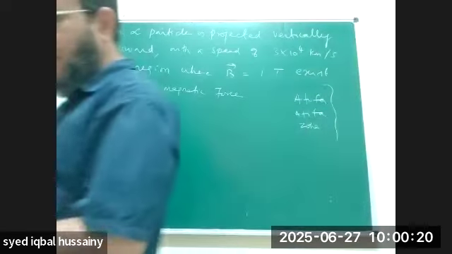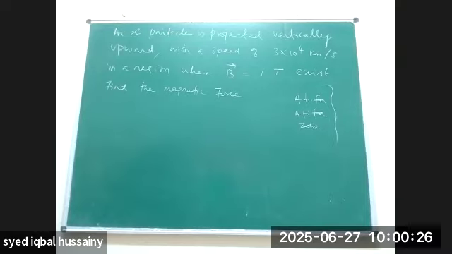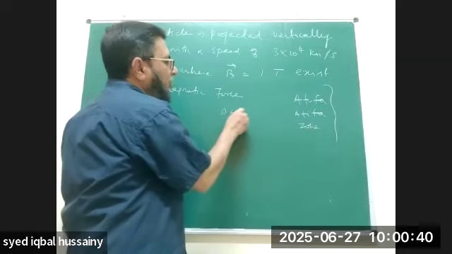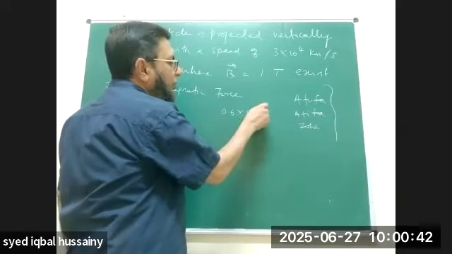Girls, 0.6 into 10 raised to minus 15. 0.6 into 10 power minus 15.